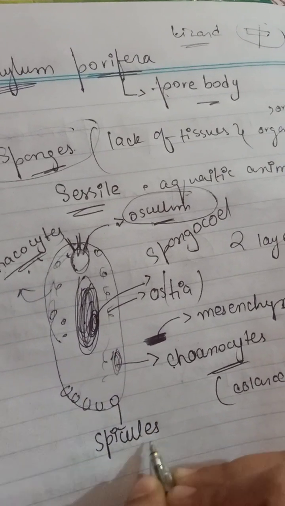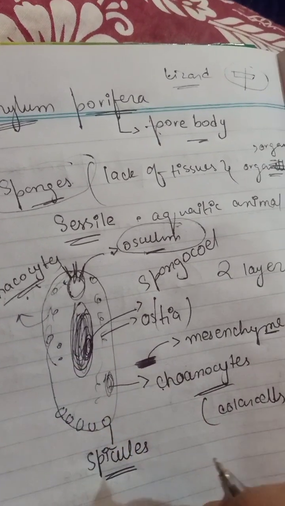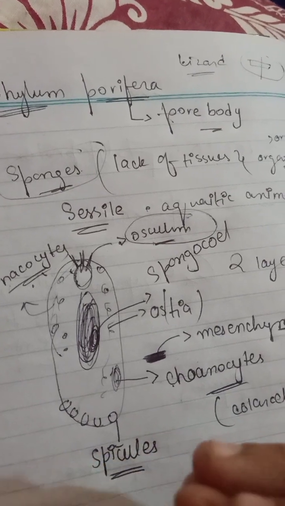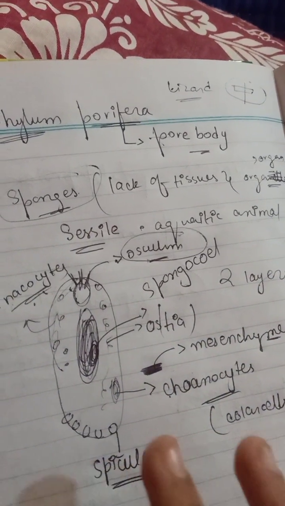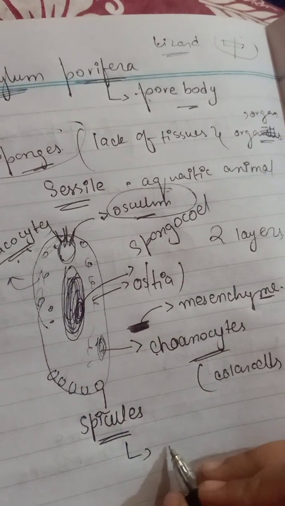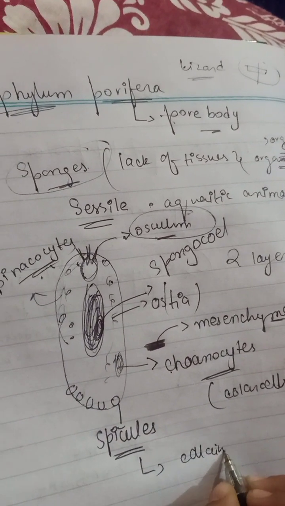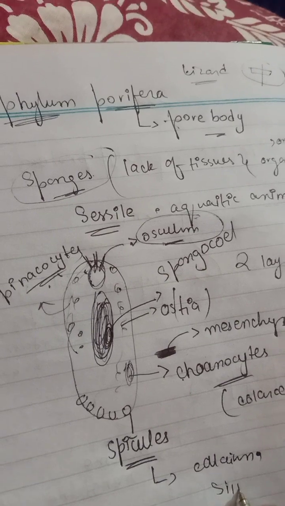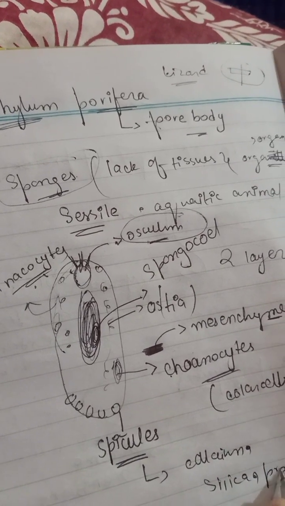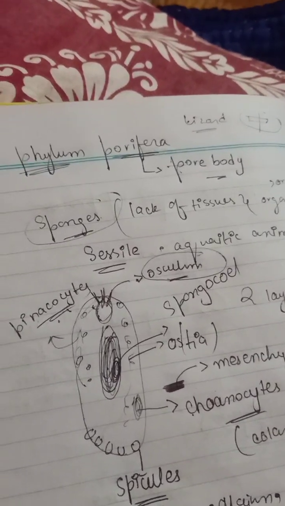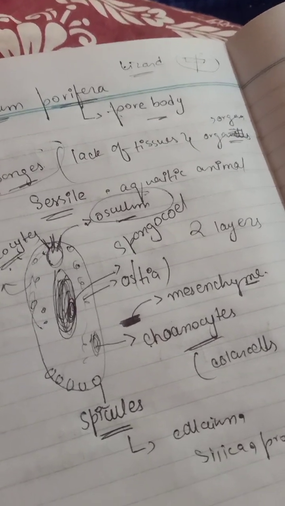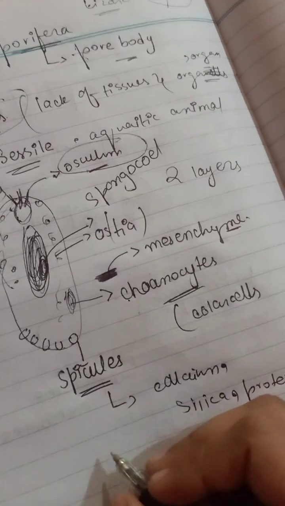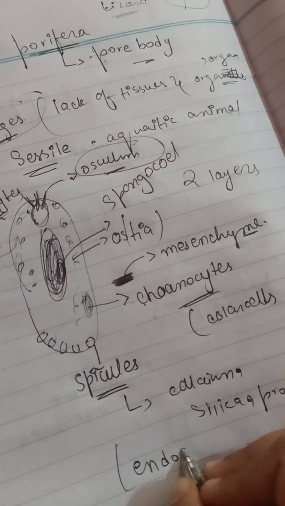Their skeleton is made up of spicules, which provide support to the body. These spicules are formed of calcium carbonate, or they can be of silica, or of protein. The sponge skeleton is an endoskeleton.